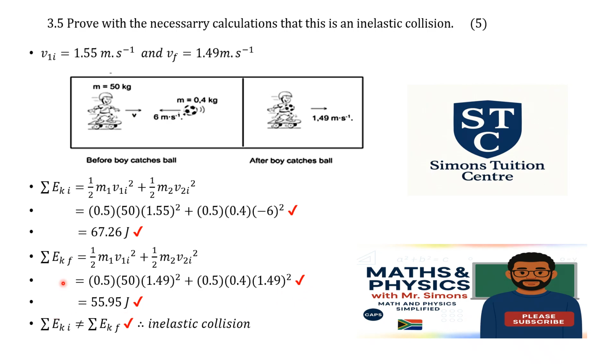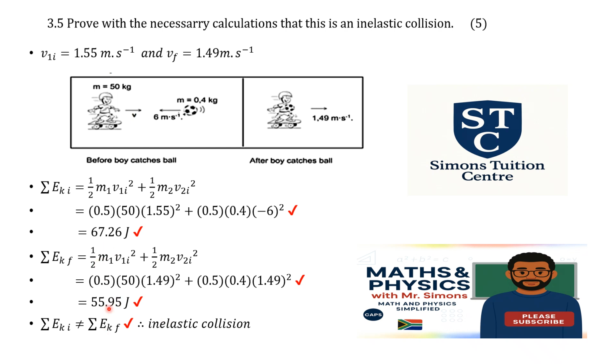And there my kinetic energy after he catches the ball is 55.95 joules. Therefore, kinetic energy initial is not equal to kinetic energy final, so it's considered an inelastic collision. There's roughly about 12 joules of energy lost.